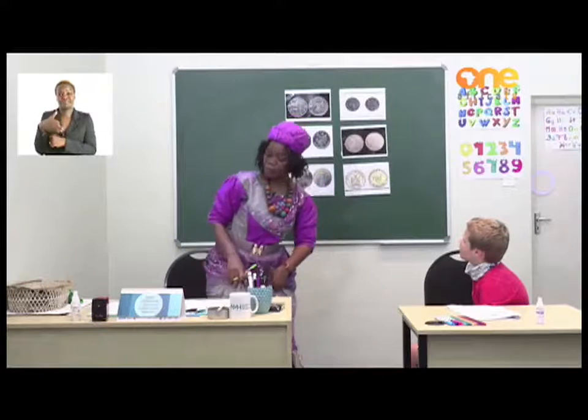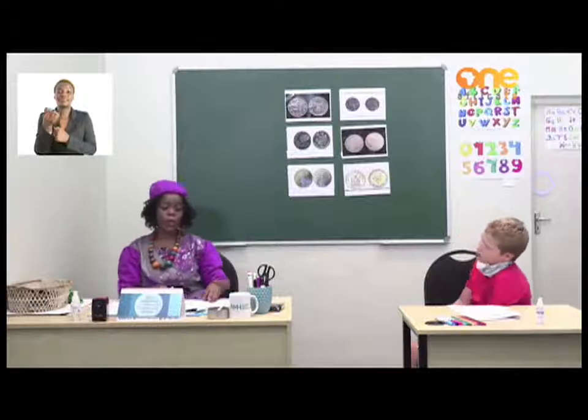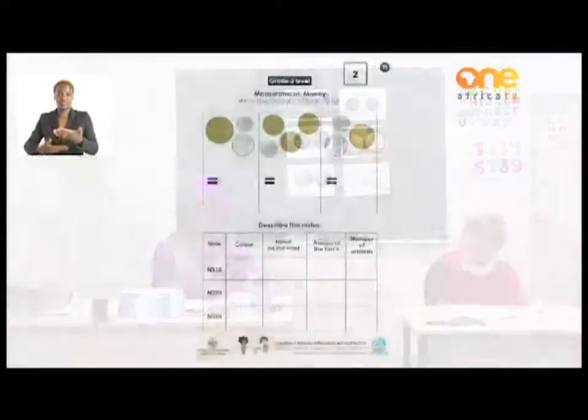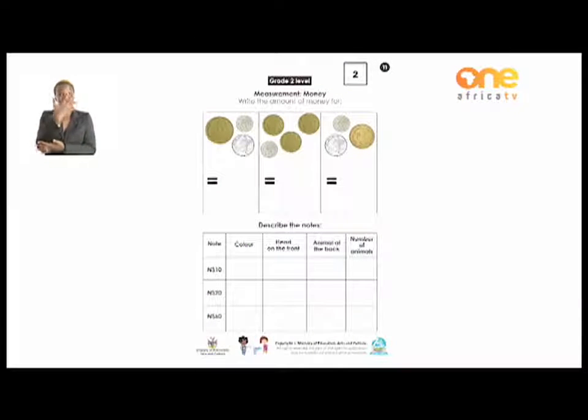All right. So here on the worksheet, you can see you have a $5, 10 cent, and a 50 cent. So if we have to put all these 3 coins together, how much money do you think you will have? So you need to count, all right? So we have a $5, a 50 cent, and the 10 cent.